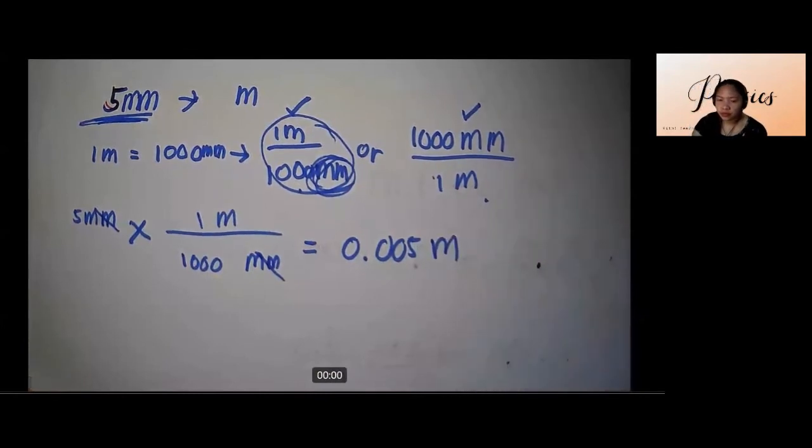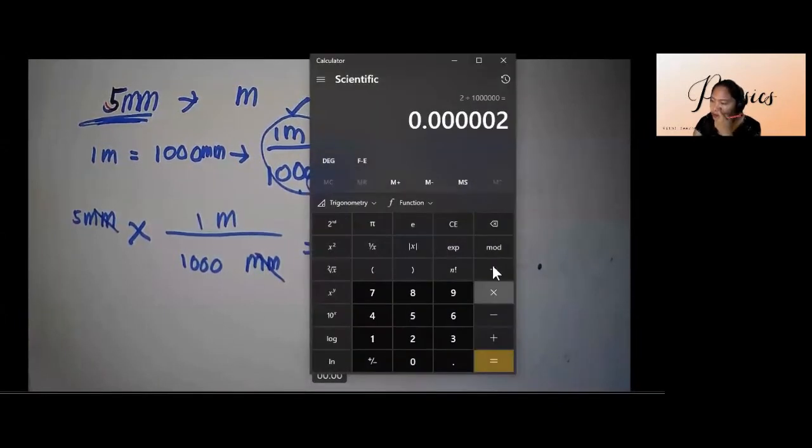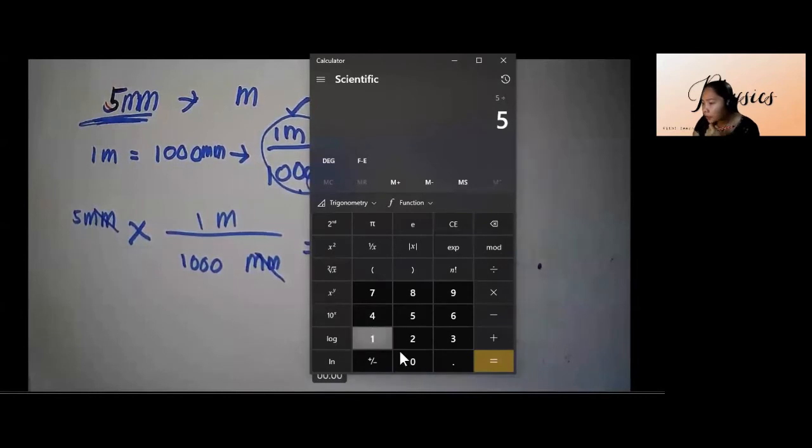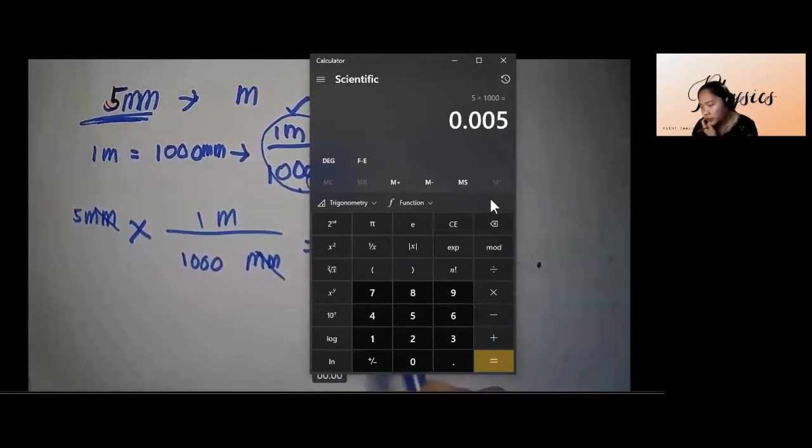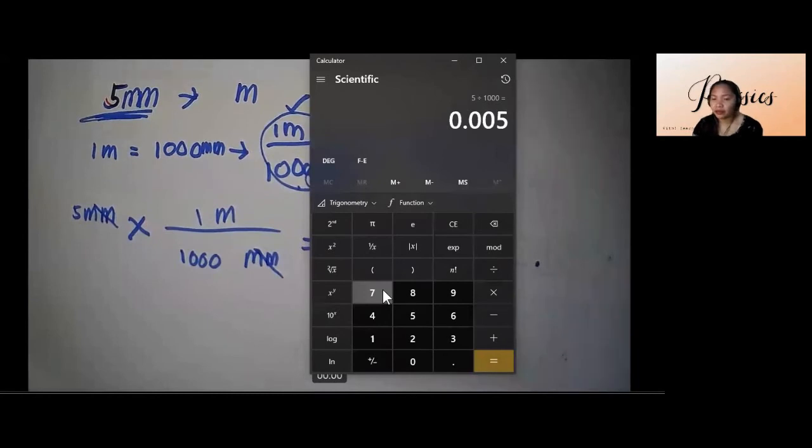If we check that in our calculator, 5 divided by 1,000 is equal to 0.005 meters. Do not forget to always write the ending unit.